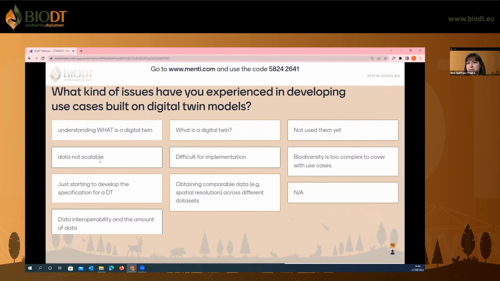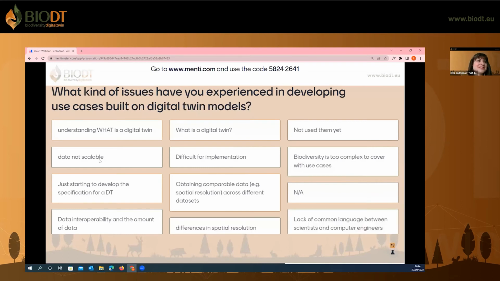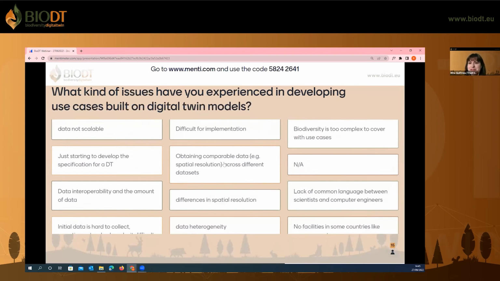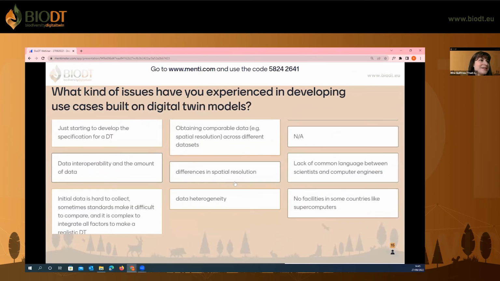For example, in our case, we have selected 8 use cases, but obviously the scope is wider. Another point is about obtaining comparable data between different data sets. Here we should use quite a lot of standard semantic rules for making them interoperable, even though this isn't always an easy task.